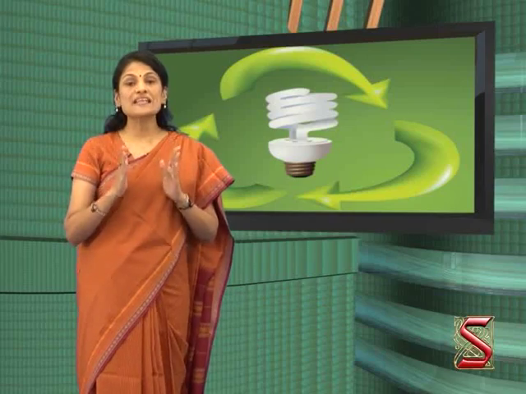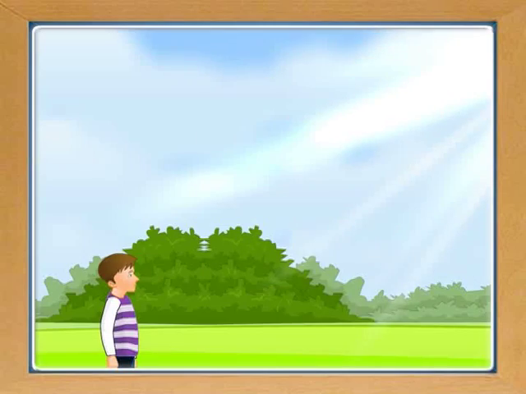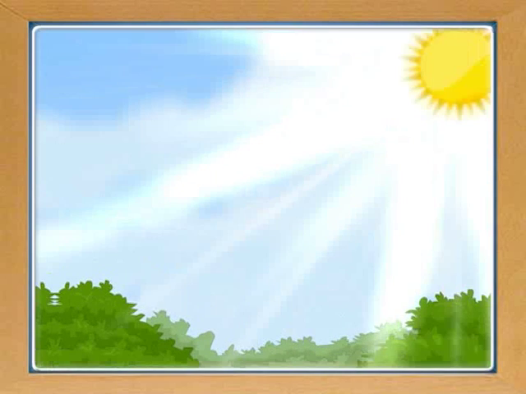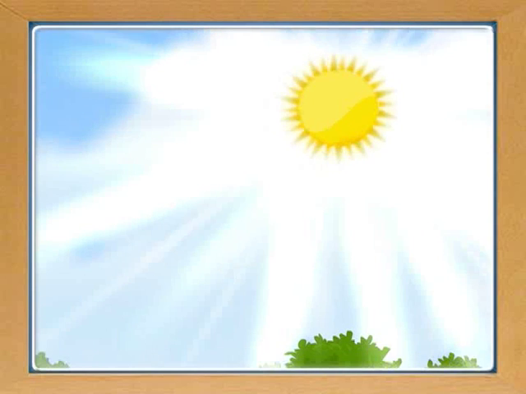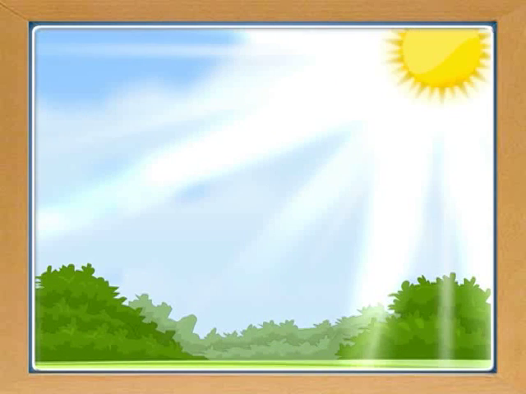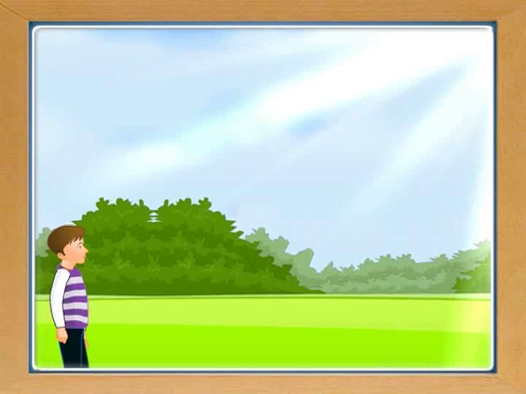Now, let's know how a shadow is formed. We have learnt about different types of substances. Human body is an opaque substance. When you stand in the sunlight, our body comes in the path of the sun's rays. Sun rays do not pass through our body because our body is an opaque substance.